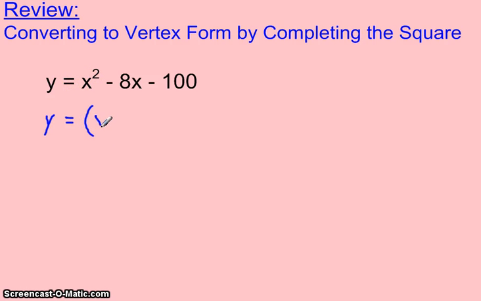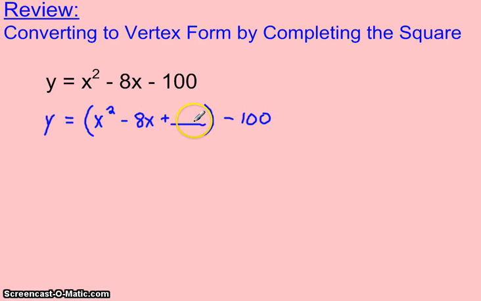So we can go right to the completing the square process, which is what we put x squared minus 8x, and then we're going to add whatever we would need here to make this a perfect square trinomial, and then we've got the minus 100 there.